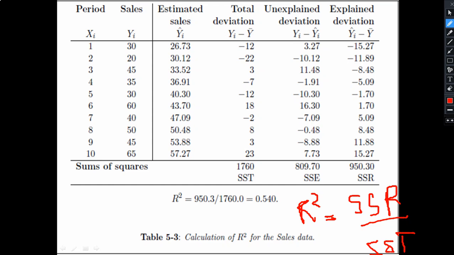But the explained deviation is the sum of squared deviation of y hat minus y bar.